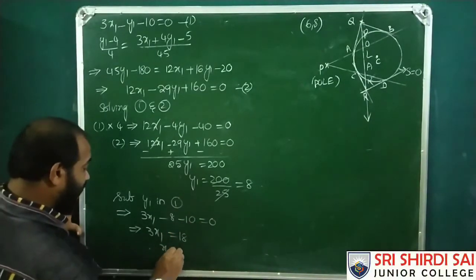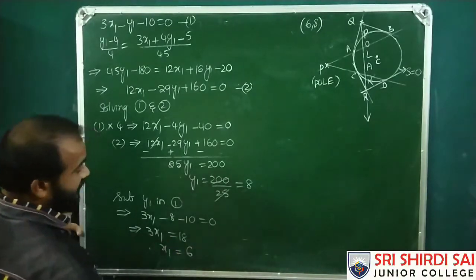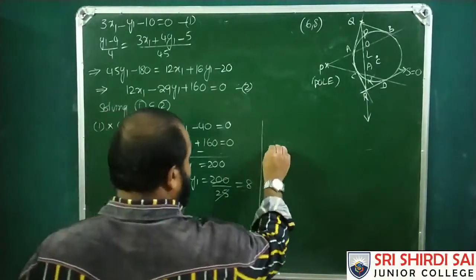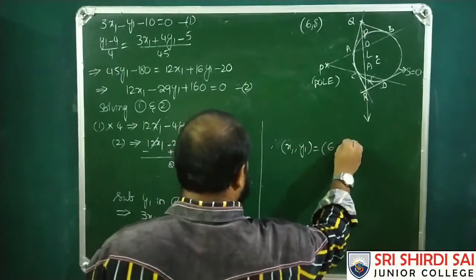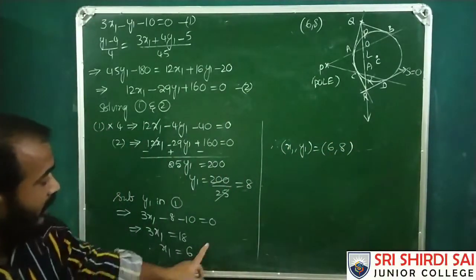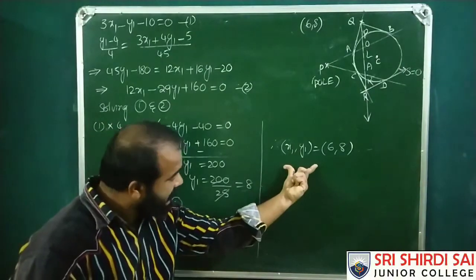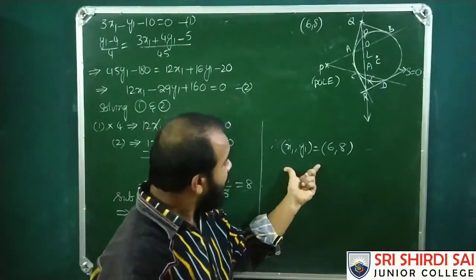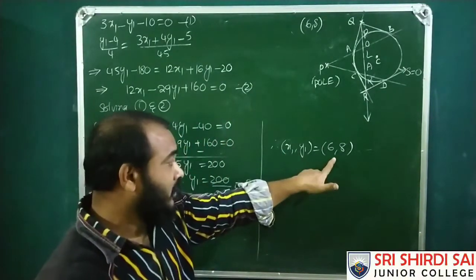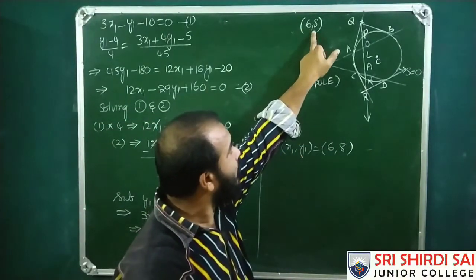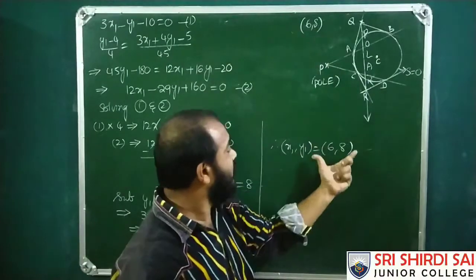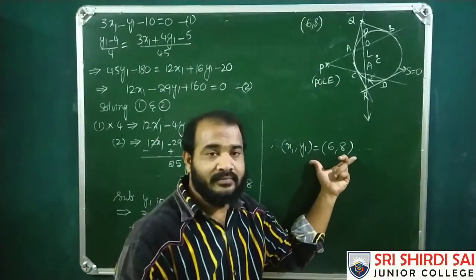Therefore x1 is equal to 18 by 3, which is 6. Therefore x1 comma y1 value is equal to 6 comma 8. You may check this with the formula based solution as well. See, I did not rub this. So 6 comma 8 is what we have got earlier. So that and this can be compared.